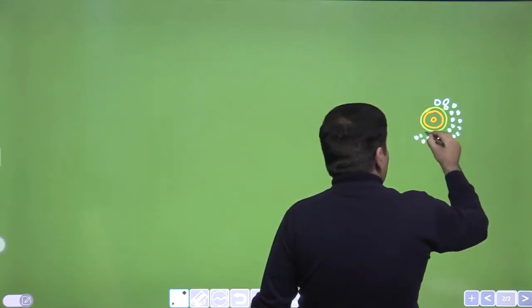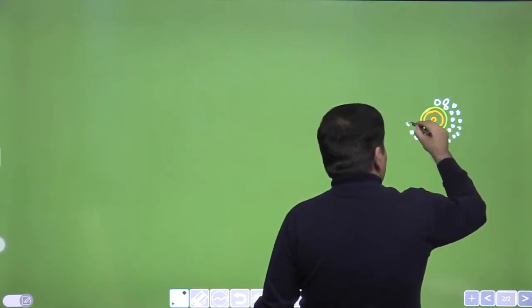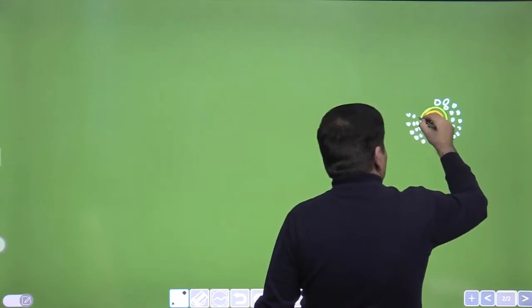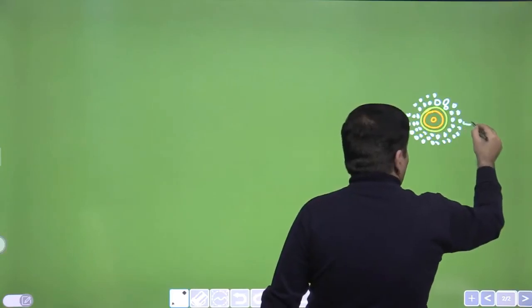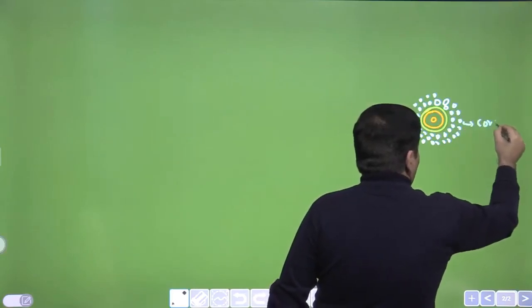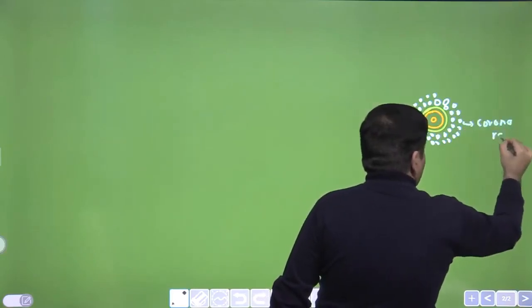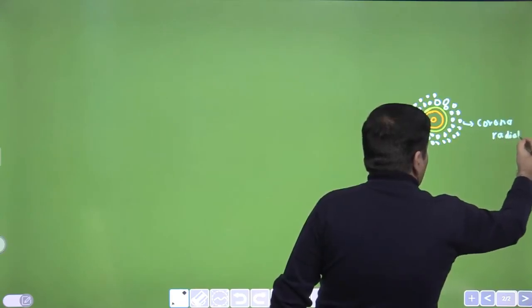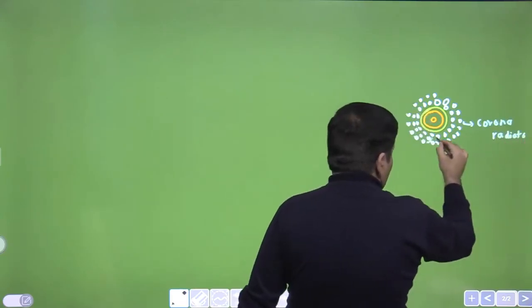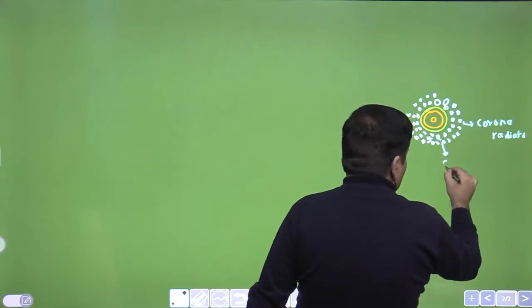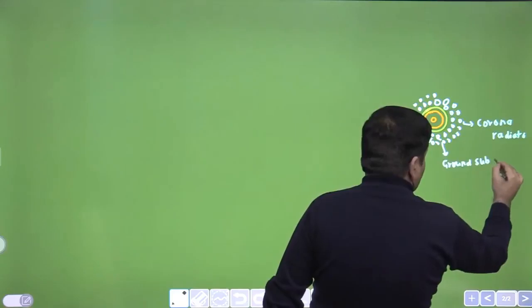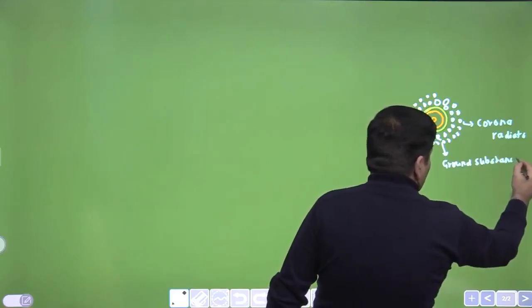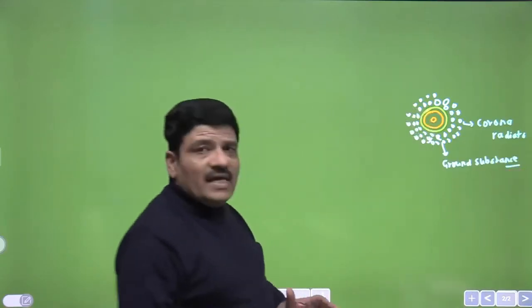You know that in the Graafian follicle, the secondary oocyte was suspended in a mass of cells called the cumulus oophorus. Now we are calling these cells the corona radiata, and obviously between the cells there would be ground substance, which contains hyaluronic acid.